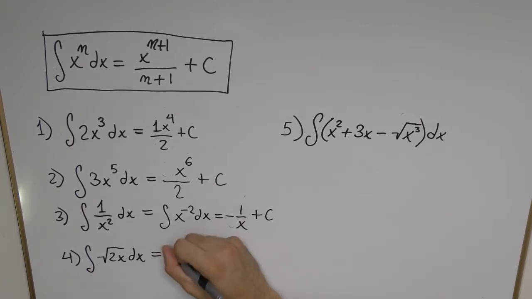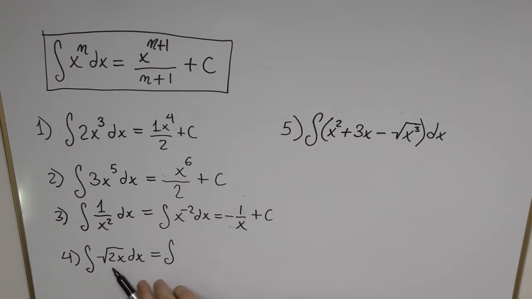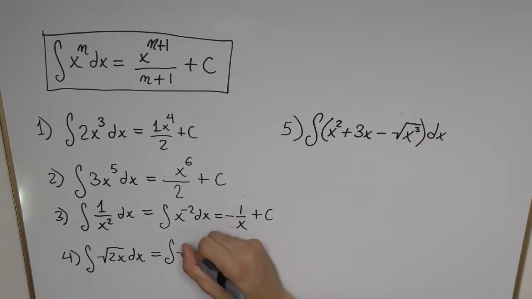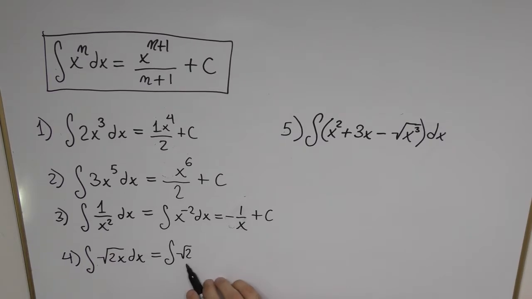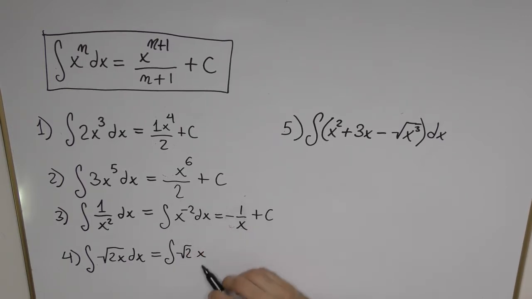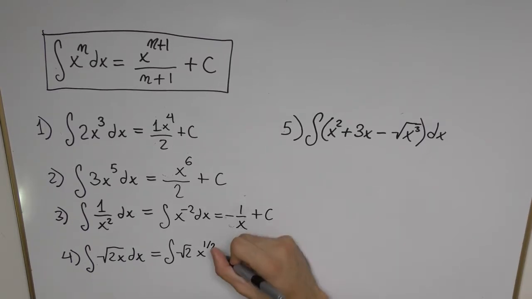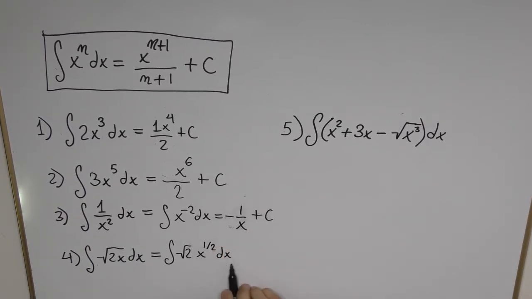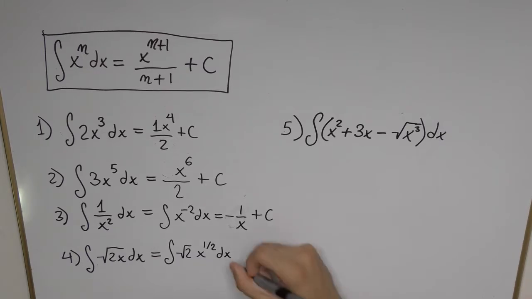So we're going to rewrite this in the following way. First of all, let's leave the square root of 2 as it is, because we know that's an irrational number, so we need to leave it as is to keep the exact form. And then we're going to express the x in terms of x to the power of half. Okay, and then let's not forget our element of integration, the dx.